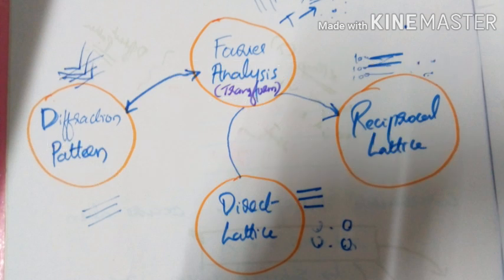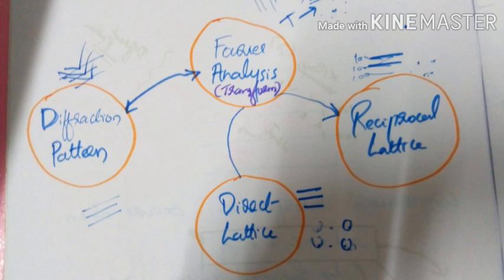In the previous video, we have seen the relationship between direct lattice and reciprocal lattice through a Fourier transform. If we take the Fourier transform of a direct lattice, we obtain a reciprocal lattice, and if we take the Fourier transform of a reciprocal lattice, we obtain the direct lattice.